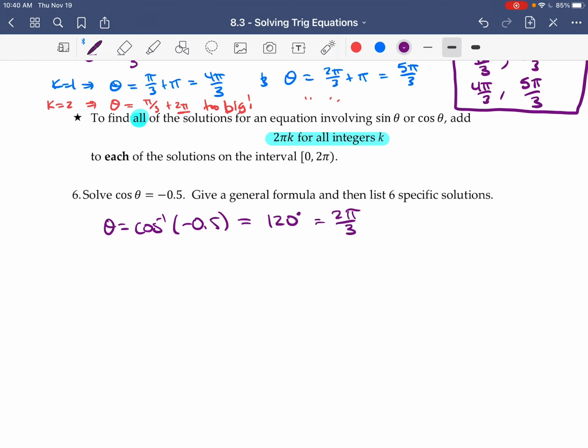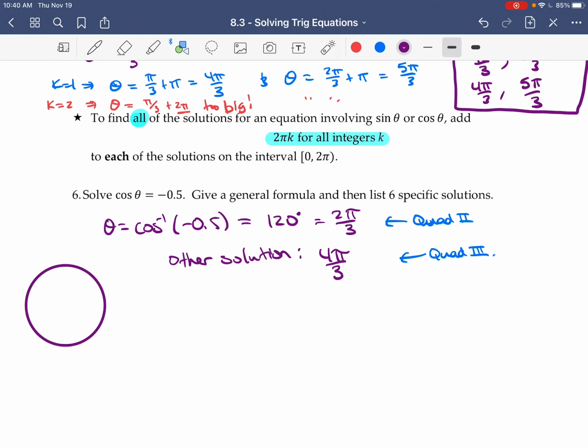The other solution, so this one is in quadrant 2. Okay, my other solution is in quadrant 3 because I need cosine to be negative, and it's 4 pi by 3 or 240 degrees. Maybe I will just draw the picture again just to make sure everyone's following.